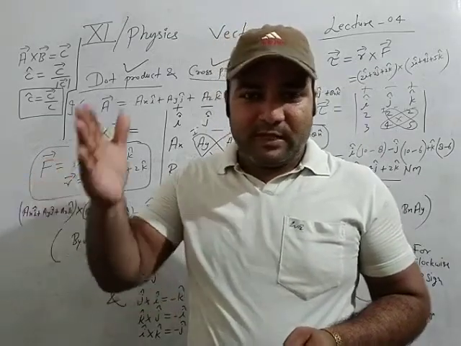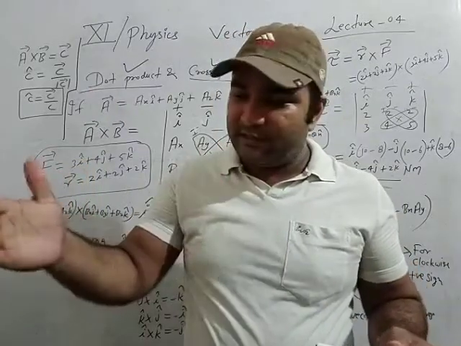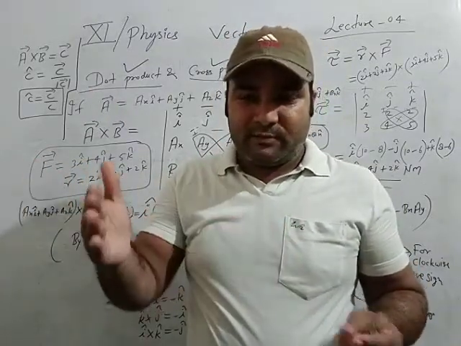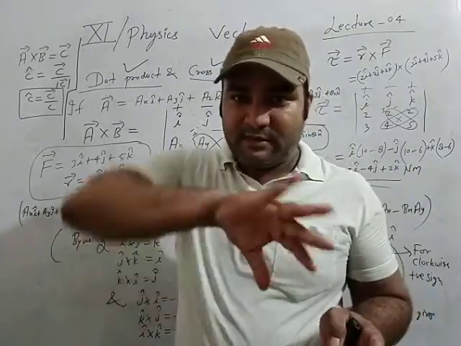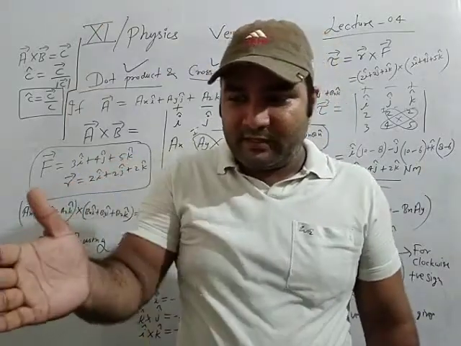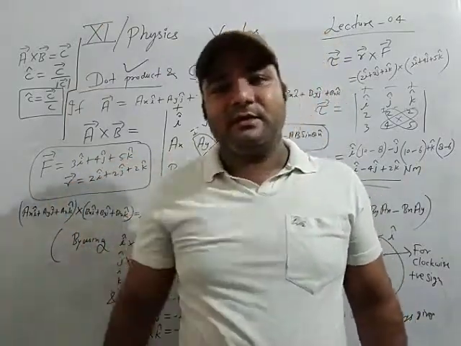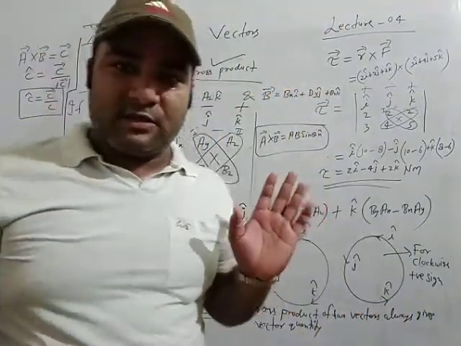When you multiply one vector with another by the movement of fingers along the movement of vector A towards vector B, if clockwise, then the vector direction is downward, and if anti-clockwise, then the vector direction will be upward. So in this way you will revise all the numericals based on cross product and dot product.